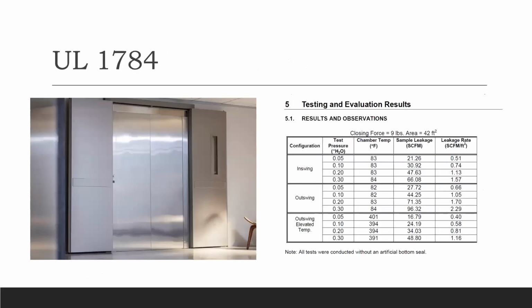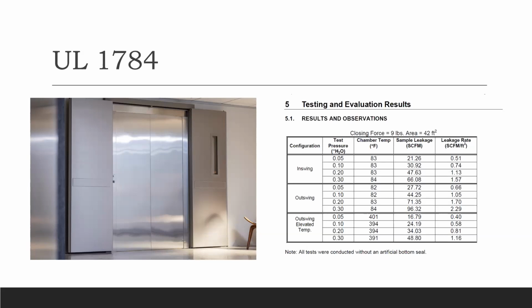So what is UL 1784? UL 1784 is the standard for air leakage tests. This is from 716.2.2.1.1, and it says that the air leakage rate should not exceed 3 cubic feet per minute per square foot of door opening at 0.1 inch of water for both the ambient temperature and elevated temperature tests.